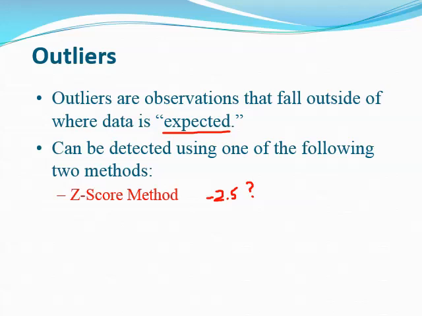Because if we're using the empirical rule or the modified empirical rule, that value is not expected. We expect things to fall within plus and minus 2 standard deviations of the mean. If we're using Chebyshev, then this negative 2.5 would not be considered an outlier. If we're using the empirical or the modified empirical rule, it is. Does that make sense? Hopefully that makes sense to you.